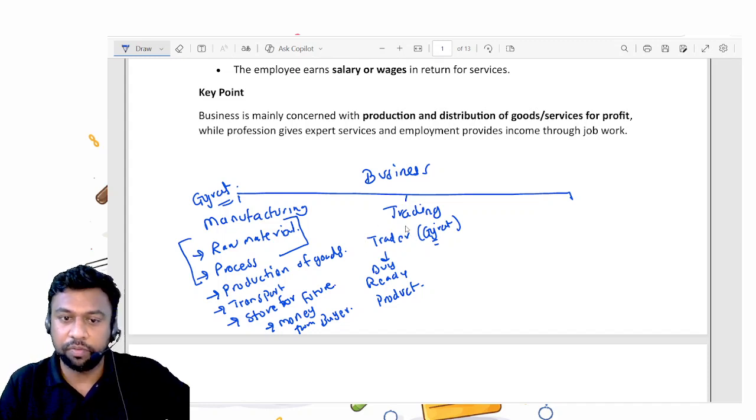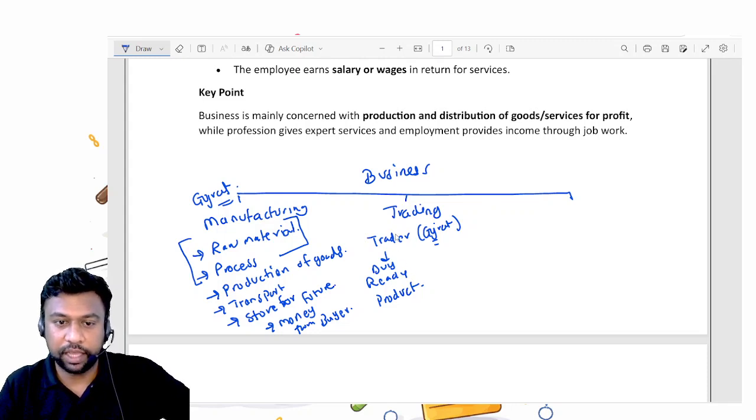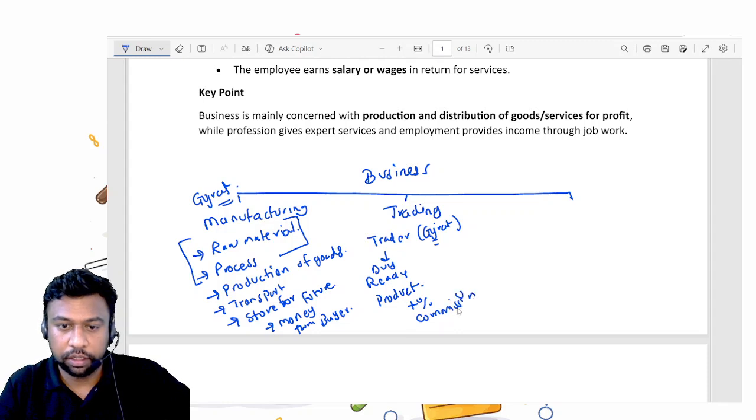He is taking orders from different buyers, so he is an expert in that. He will purchase in bulk from this manufacturer, ready products, and add some percentage of commission, which is his profit. After that he will simply sell that ready product to the buyer.